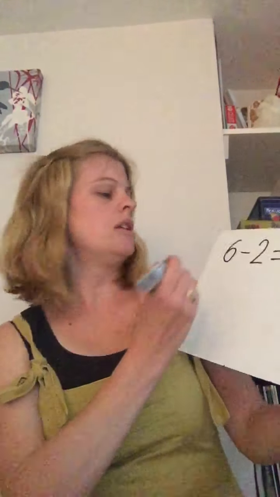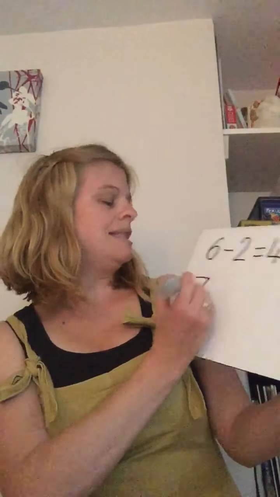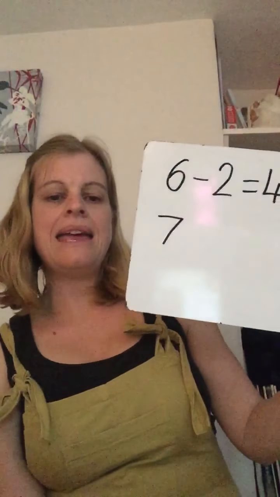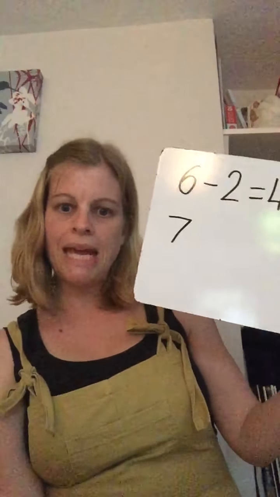This time, could you count out 7 counters, please? Ready? 1, 2, 3, 4, 5, 6, 7. I've got 7 counters. So on your board you could write 7. Can you now take away 4 of them?